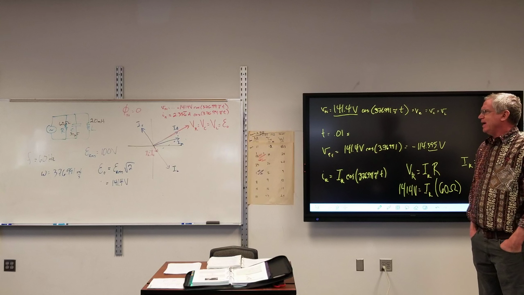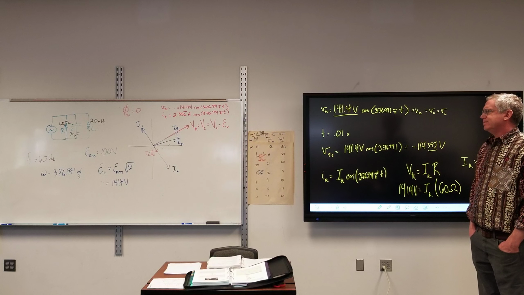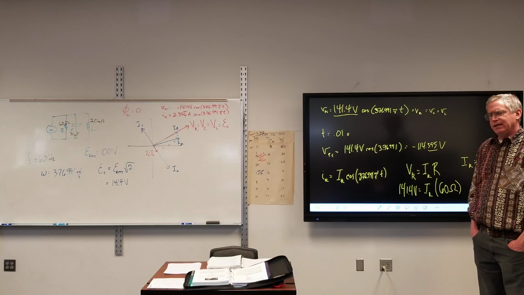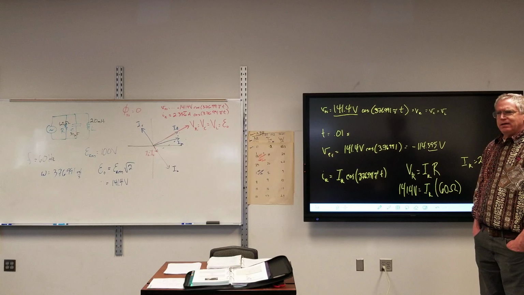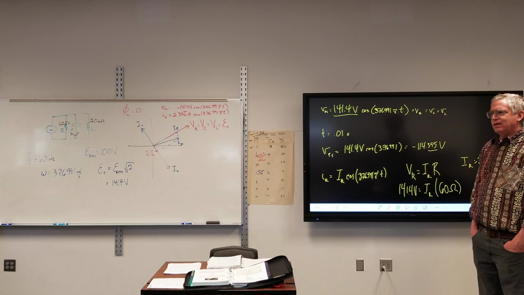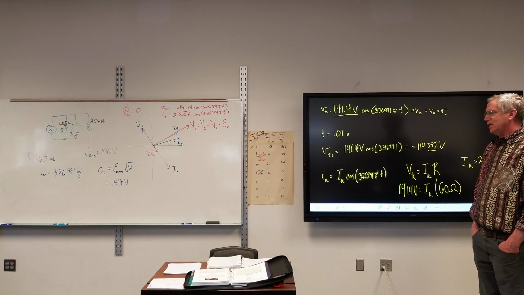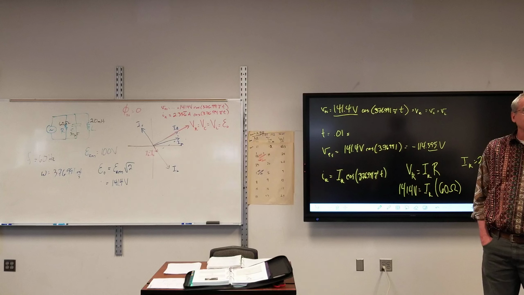I need to figure out I_L and I_C. What's going to be the phase shift for I sub C? 90, so we just put 90 in front of t. Do they need to be radians or degrees?